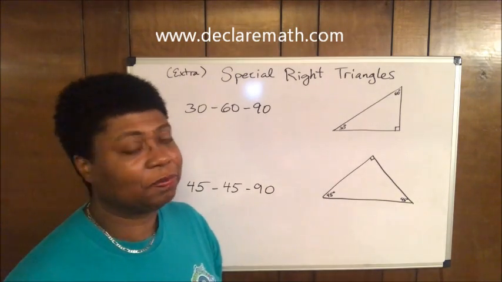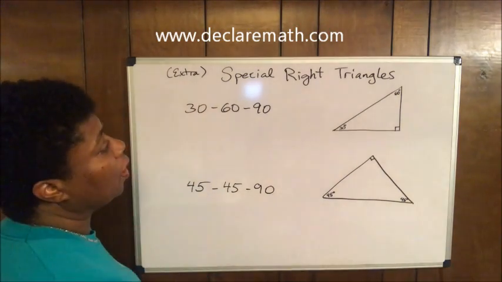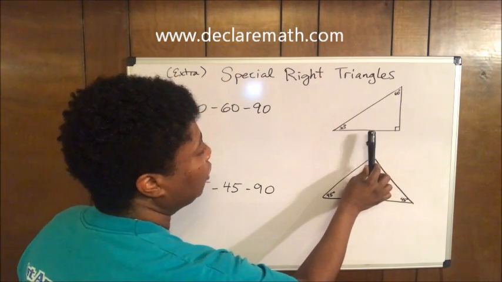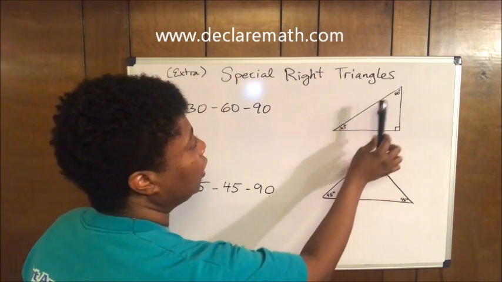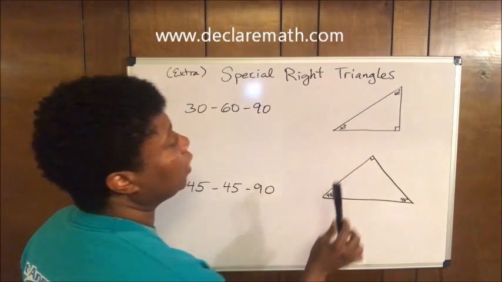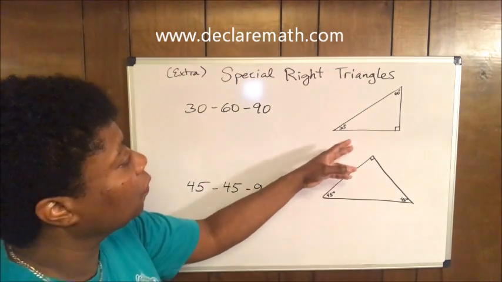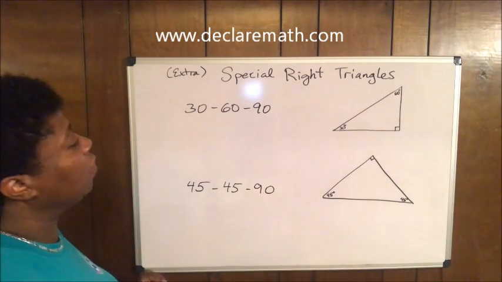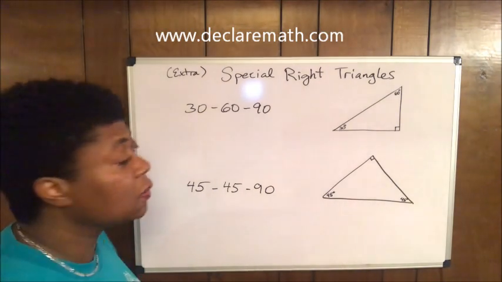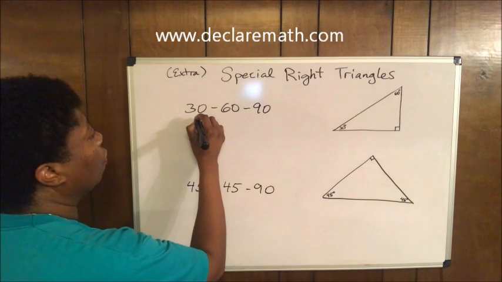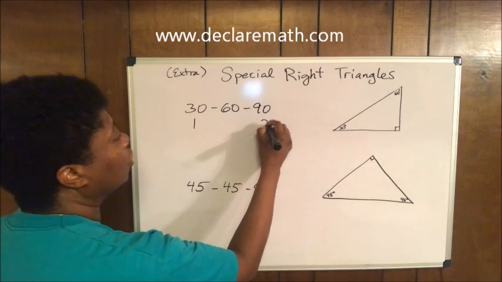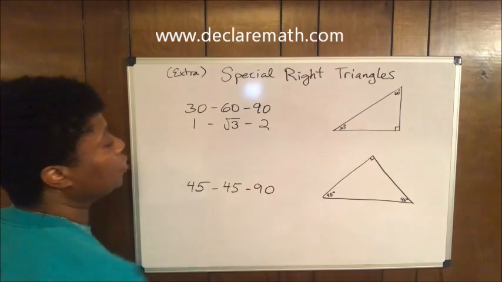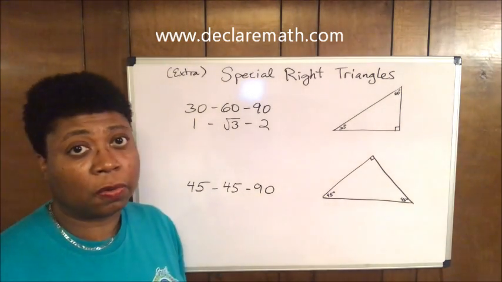Okay, very good. So the sides of a right triangle that has 30 degree, 60 degree, and 90 degree angles have a special relationship. And that special relationship is 1, 2, square root of 3. If you can remember that, you're on your way.